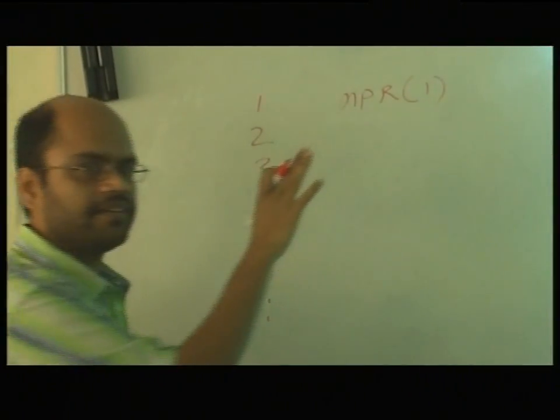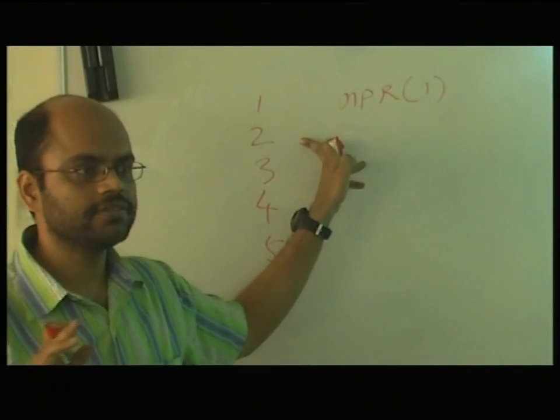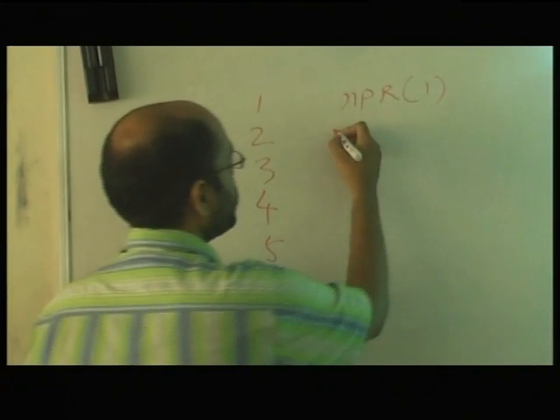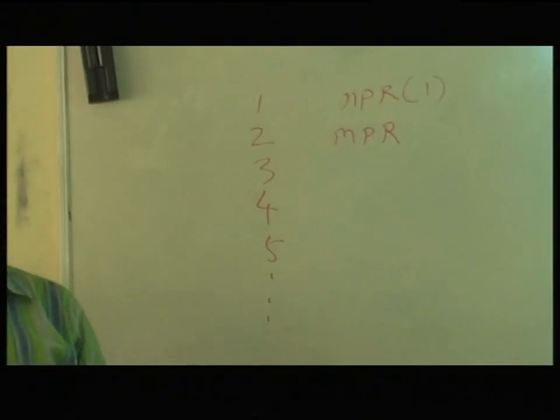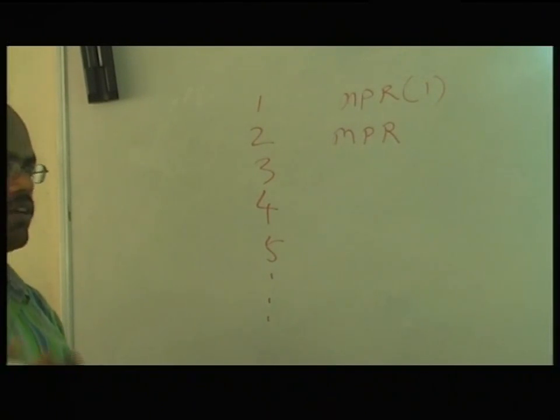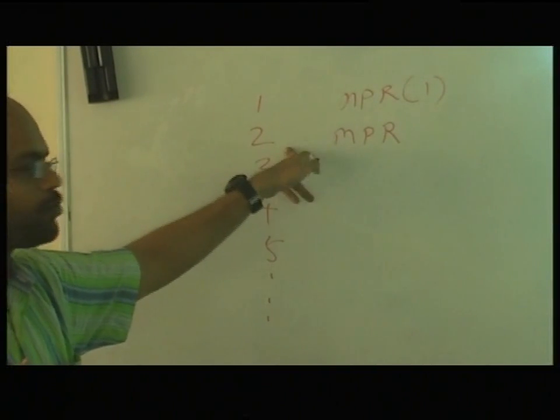That's a set. Now for 2, MPR of 2. Which nodes will retransmit control information from 2?